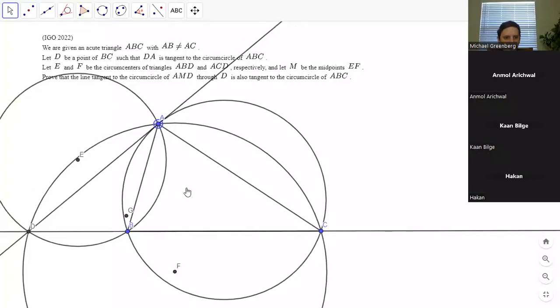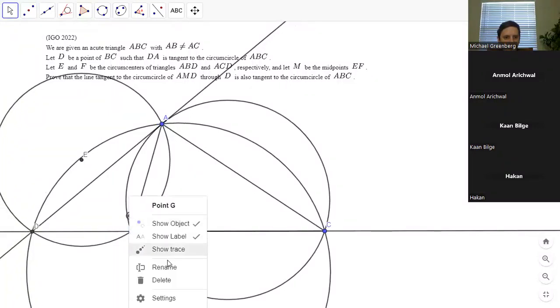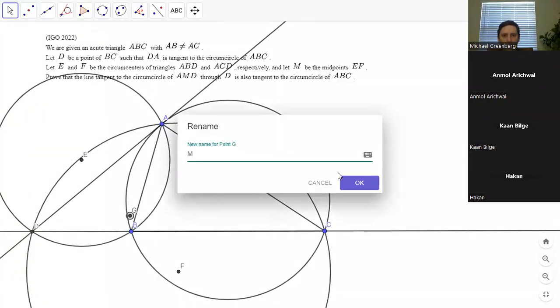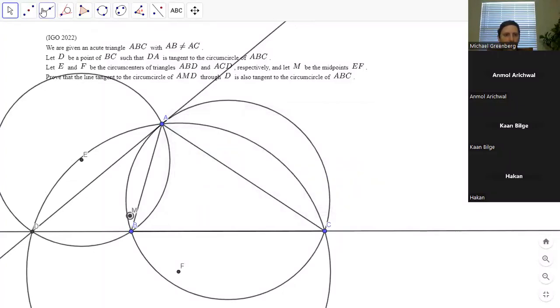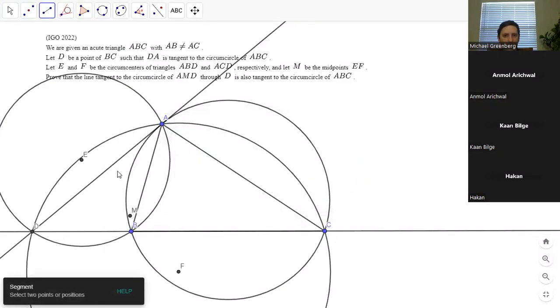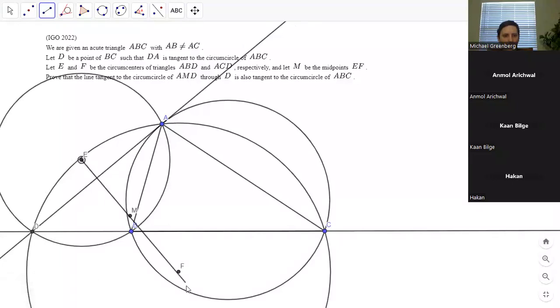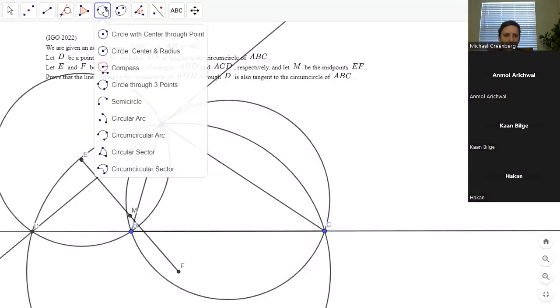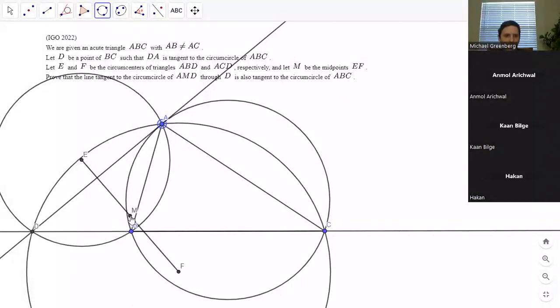The line tangent to the circumcircle of AMD at D is also tangent to ABC. Okay. Oops. So I drew it fast. So it's saying the tangent at D here is also tangent to ABC. It's kind of interesting.